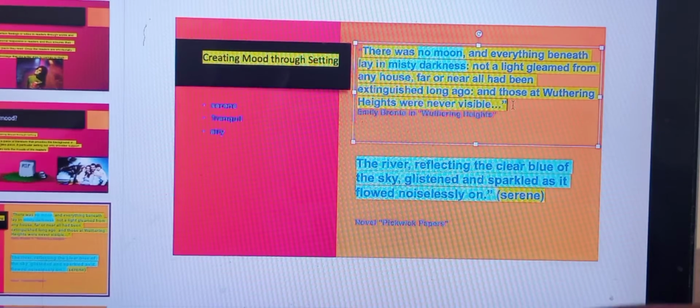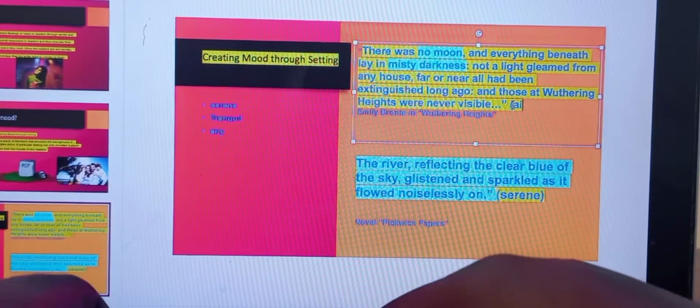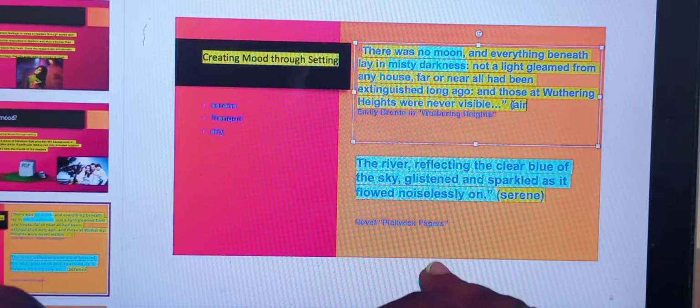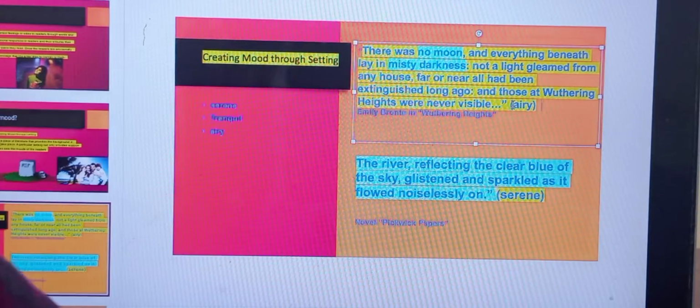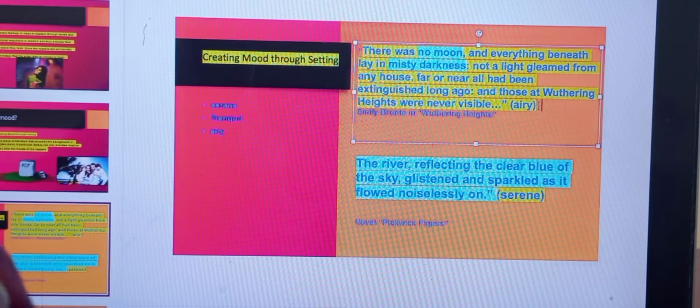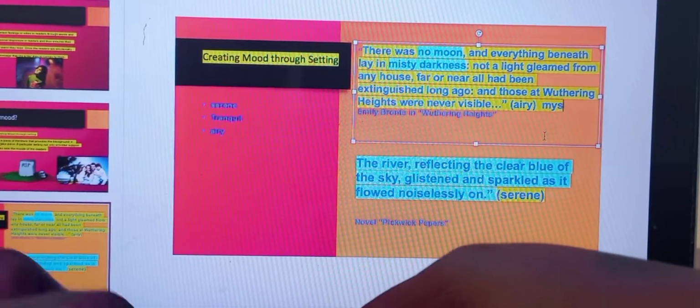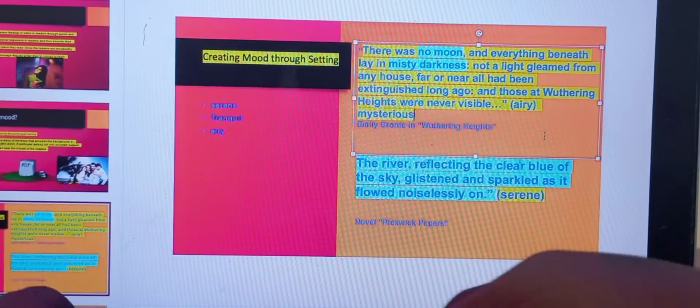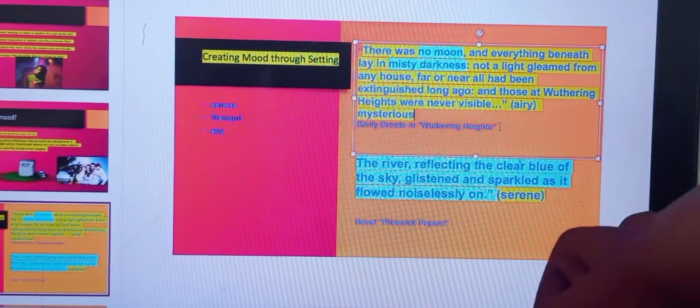Whereas up above, we could say the mood is an airy one. You get an airy feeling based on the fact that there's no moon. It's a bit mysterious based on the words we see being used.